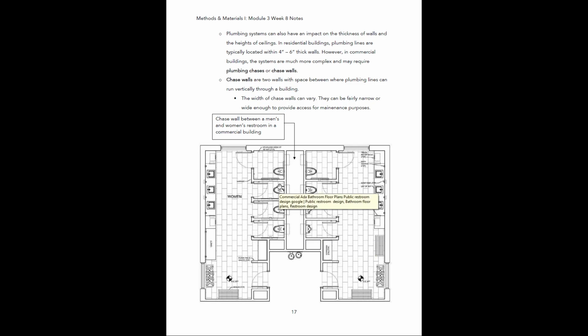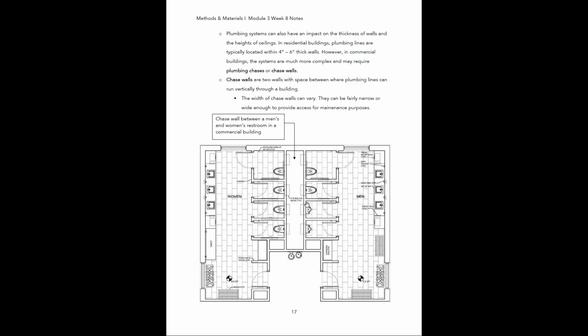Okay, but you can see the way that this is laid out, all the fixtures, like basically our layout for our bathrooms, are just a mirror of each other. And the space between them where this chase wall is where all of the plumbing for these toilets is being housed. Okay, so since there's a lot of plumbing lines, you have to have a lot of space here between these two walls so that all of the plumbing can fit.